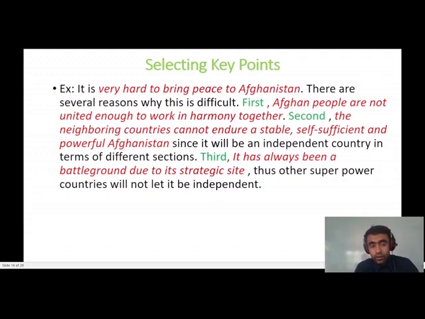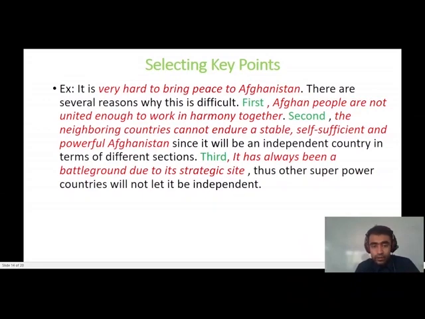If you read this text, you will find that there are three key points in this. First, Afghan people are not united, second, the neighboring countries, and third, it has always been a battleground. So these are the key points in this piece of writing.